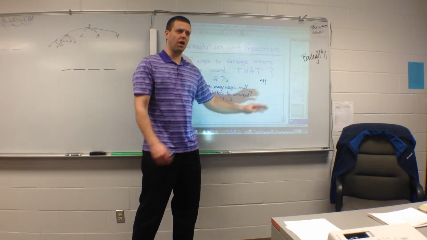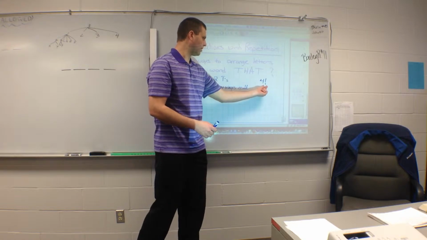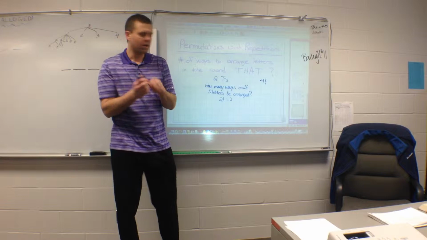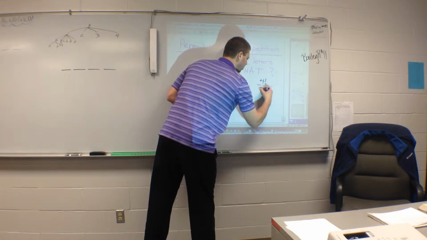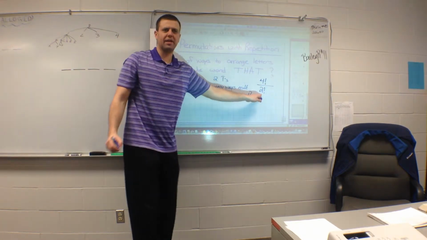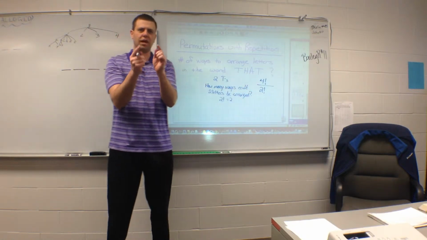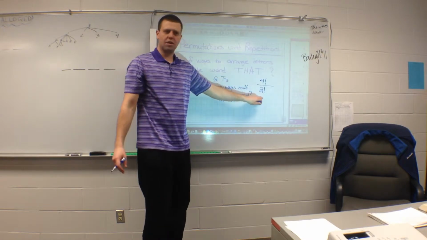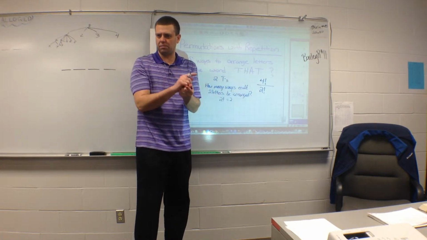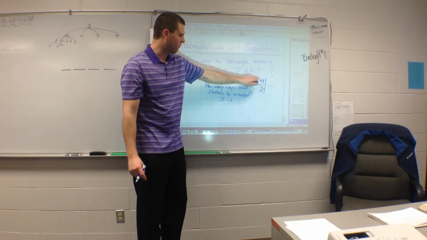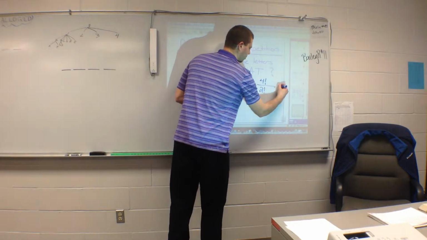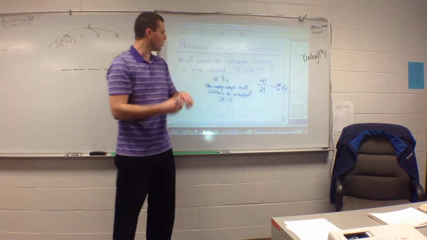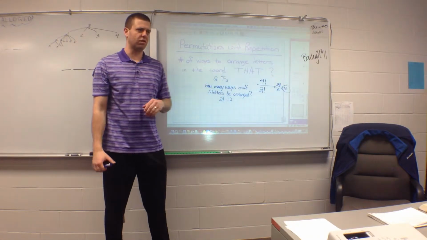Okay, because every single one of those, if we would just do 4 factorial, you'd see some repeats because the 2 T's are interchangeable basically. Okay, so you'd actually need to do 4 factorial divided by 2 factorial because we have 2 T's, and every time you just switch those T's around, it looks the same, so you need to divide out those 2 factorial ways that the T's could be moved. Okay, so my answer is going to be 4 factorial divided by 2 factorial, which is 24 divided by 2, which would just be 12. So there's only 12 ways that I could arrange the letters in the word that.